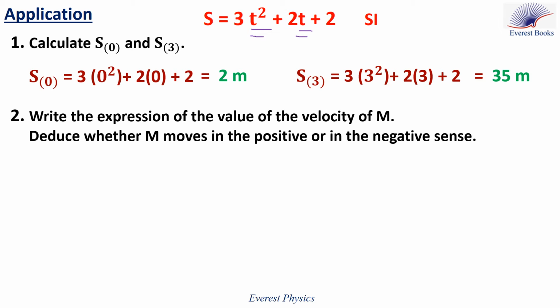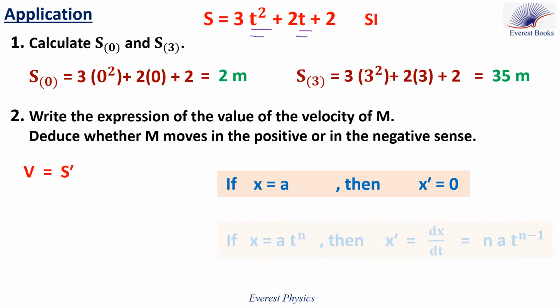Number 2. Write the expression of the value of the velocity of M, and then deduce whether M moves in the positive or in the negative sense. The velocity of M is given by the time derivative of the curvilinear abscissa, or v equals s prime. Given that if x equals a, and a is a constant, then the time derivative of x equals 0.